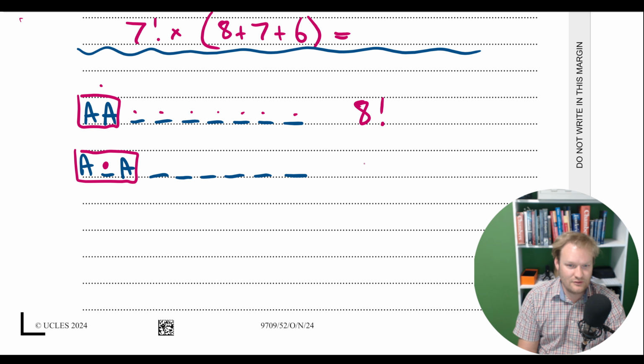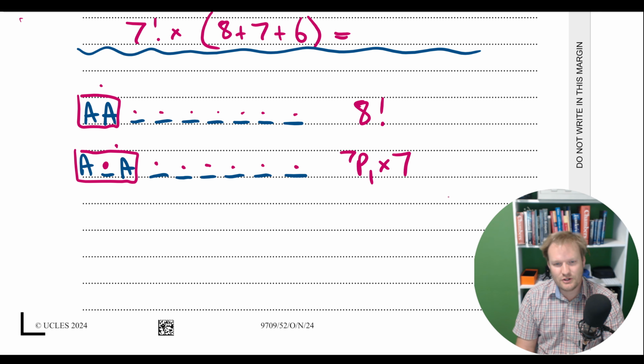Well, there's 7 non-A's altogether, and we're going to choose one. Now I've said 7P1, and of course 7C1 would have done the same thing. We're choosing one to put in there, and there's only one order. So 7P1, 7C1, of course, are the same. And we need to arrange these 1, 2, 3, 4, 5, 6, 7 objects. So we've got 7P1 times 7 ways of arranging these 7 objects, where one of the objects is the block A, another letter, A.